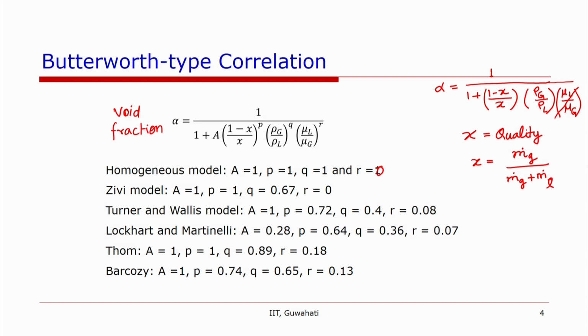Okay. So then in the GV model they have assumed, or they have found that A is equal to 1, P is equal to 1, Q is equal to 0.67 and R is equal to 0. So they do not have any dependence on viscosity. Please check this.